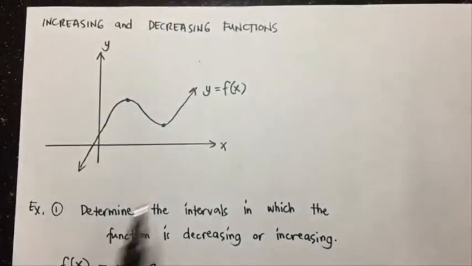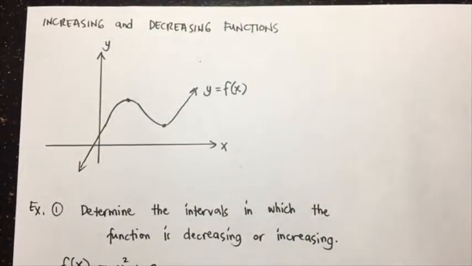The first derivative, as we have discussed in the previous videos, is indicative of the slope of the tangent line to the curve.